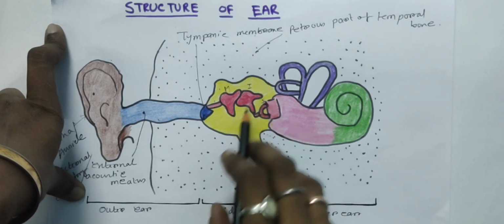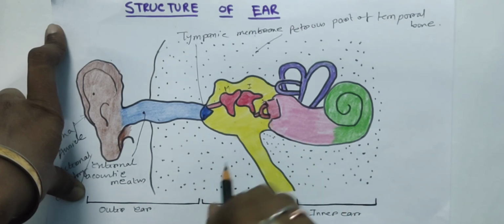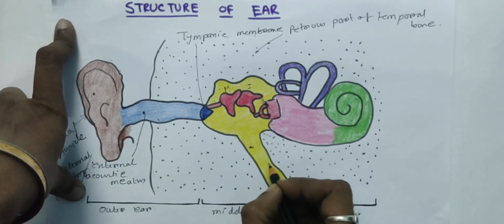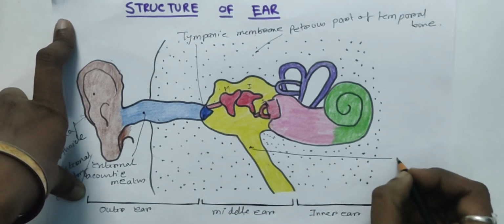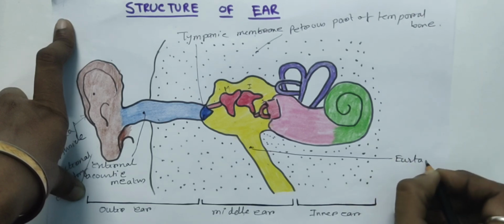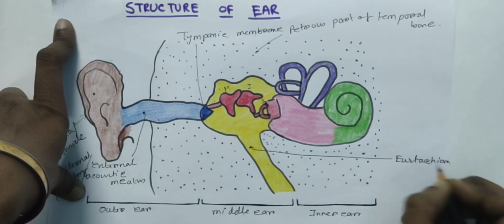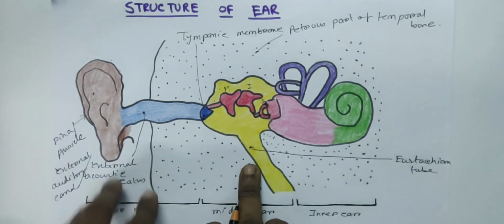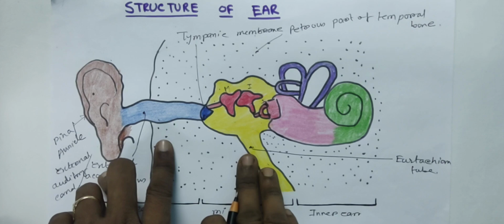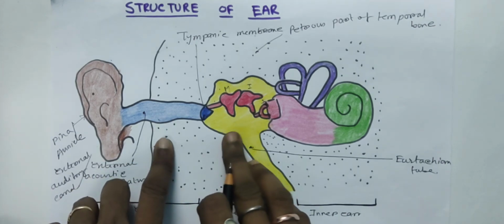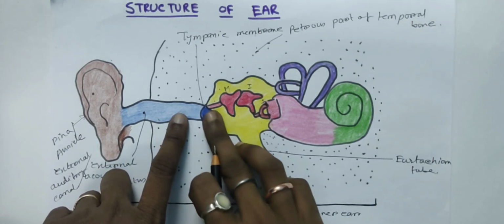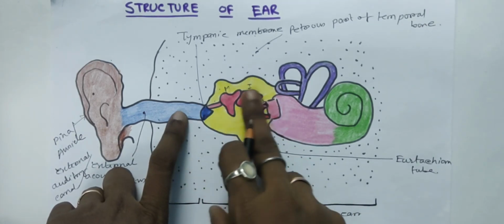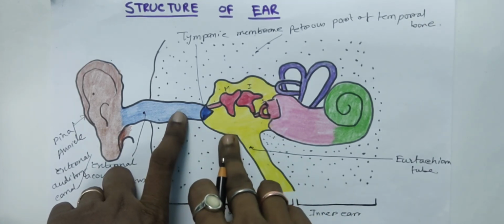And this tube is called the eustachian tube. It actually balances the air pressure between the auditory canal and this tympanic cavity. This cavity is filled with air.